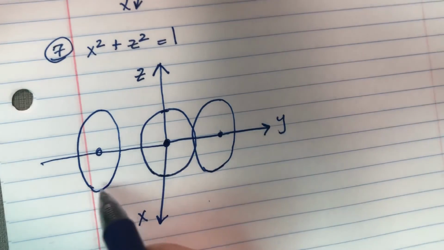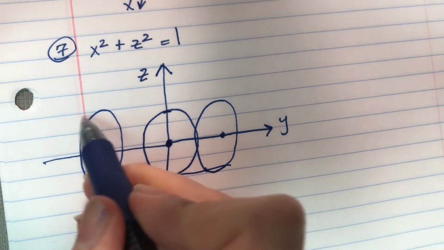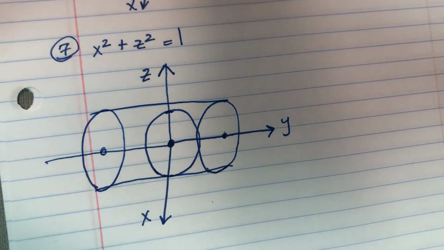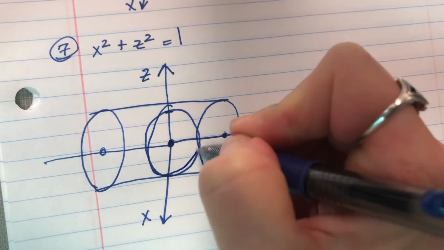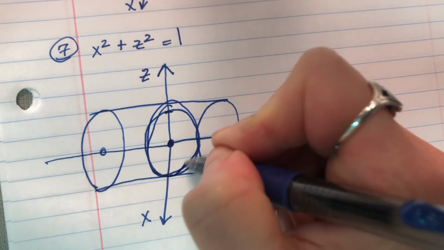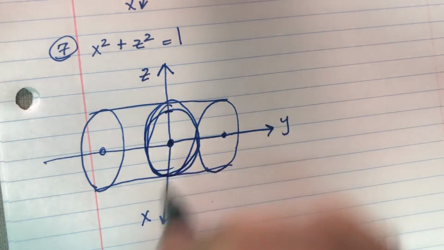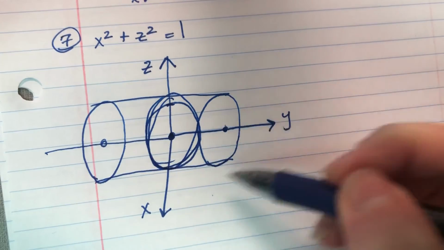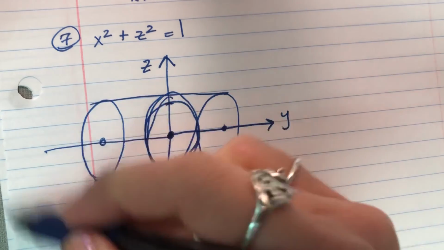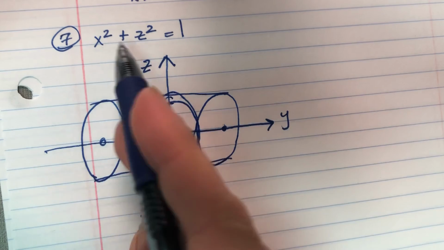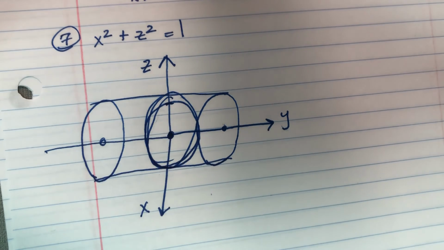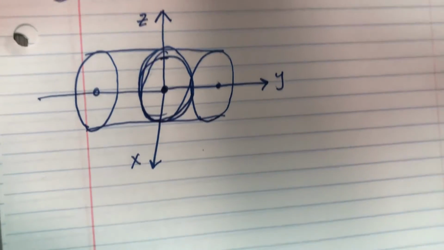Because y could go off any which way. So it's kind of like I've got a tube. Whoops, I missed this. These should all be the same height. I apologize, my art skills are lacking. So it's like an infinite number of circles that are parallel to this one going along the y-axis, because y could be anything. So that was an ugly cylindrical surface.